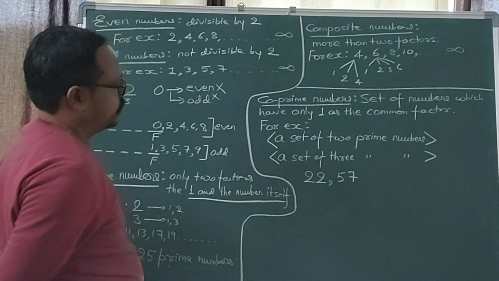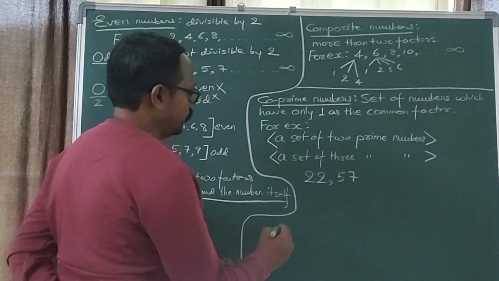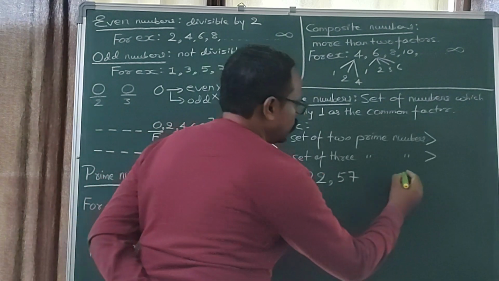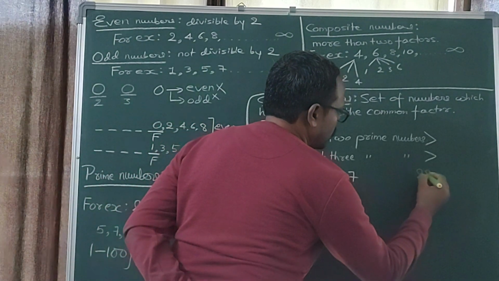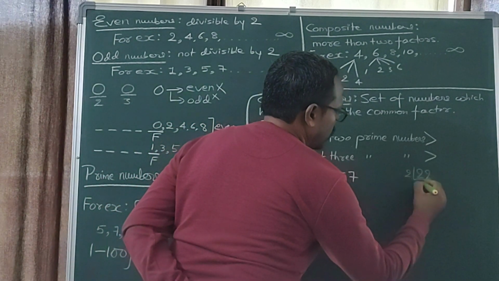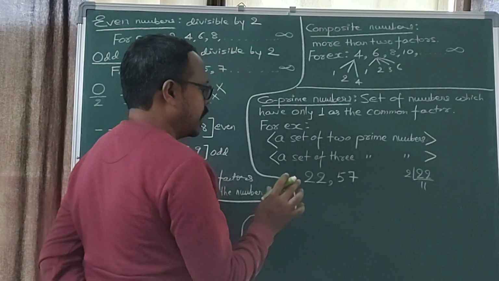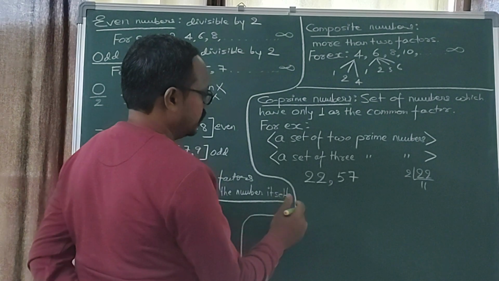Do you see any factor? What are the factors of 22? Please. What are the factors of 22? To prime factorize, you will find 2, 11. 2 and 11 are the factors, right? I am not counting 1 and the number itself, okay?